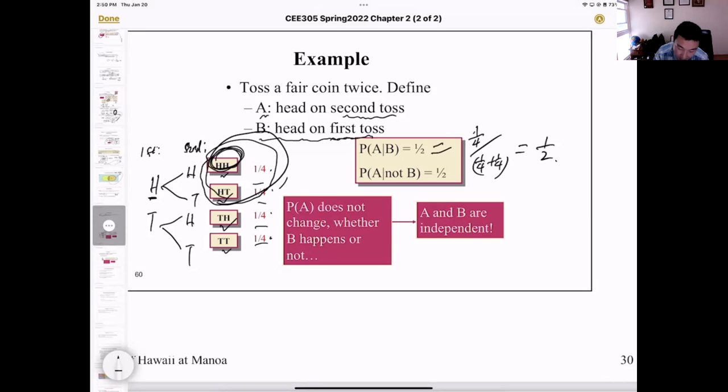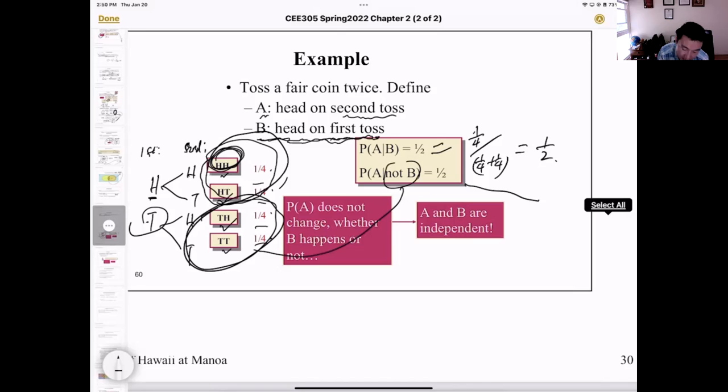And also we check what is P(A given not B). Given not B, the head is not on the first toss, which means on the first toss we have tail, which is these two. These two are not B. Again, A is we have a head on the second toss, so same thing: 1/4 divided by 1/4 plus 1/4, which is 50%.